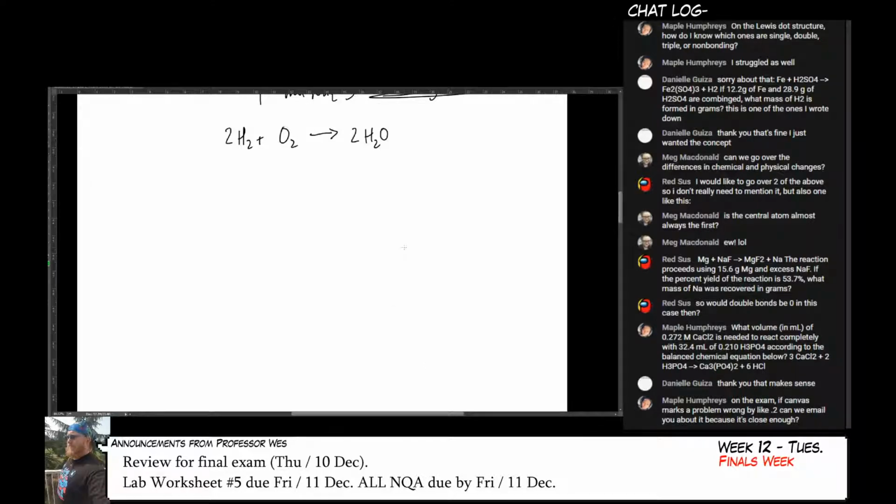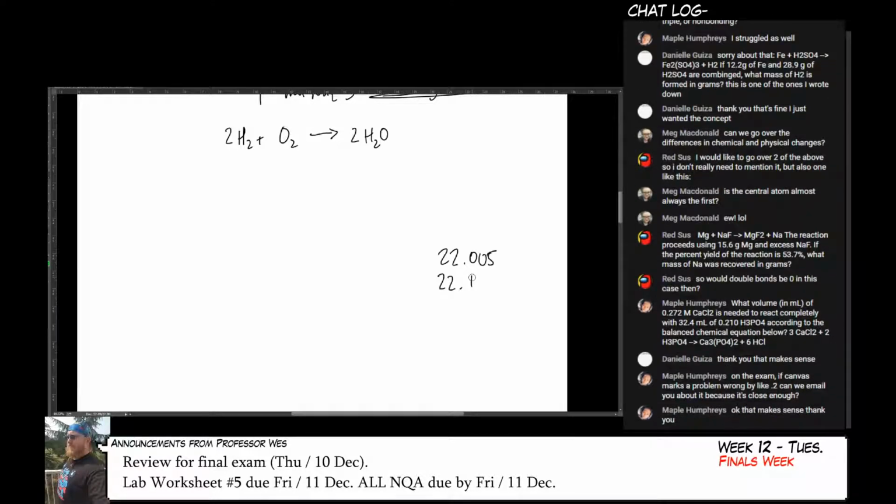But if this was the expected answer, 20 something, and you got this, that's close enough. However, if you got this, that's not close enough because you have the wrong number of sig figs, so you're in the wrong position anyway. In some weird cases, Canvas will still mark this right. But if you land on that one in whatever edge case, then there's not really much I can do.